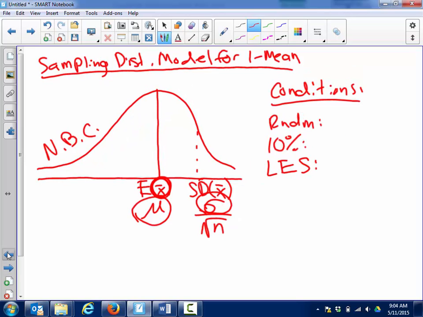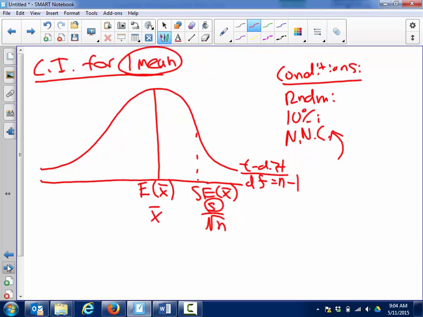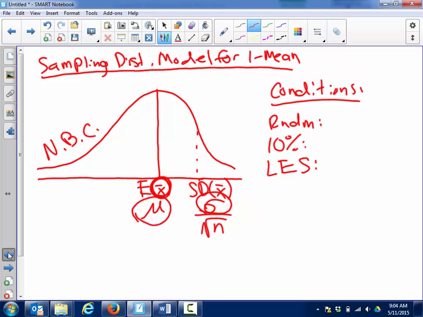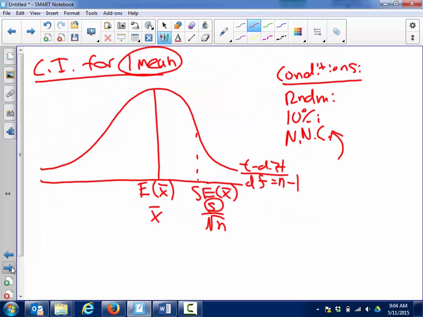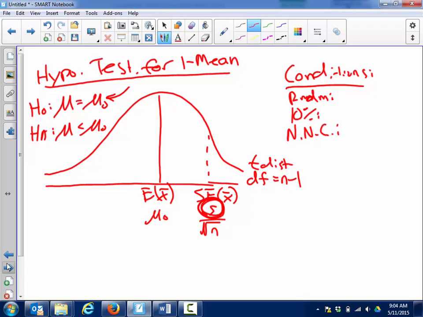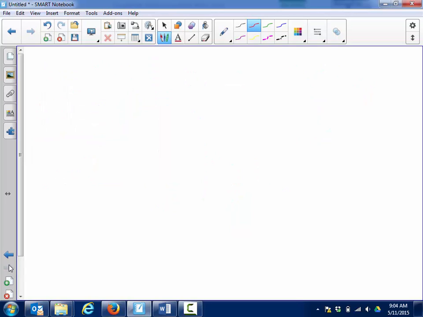Conditions change depending upon whether you use the normal bell curve or the t-distribution. If you're using the normal bell curve, you check randomization, 10%, large enough sample. If you're using the t-distribution, you check randomization, 10%, nearly normal condition. Notice there is overlap from sampling distributions of means and proportions, in that you're talking about the randomization and 10% condition regardless of means or proportions.